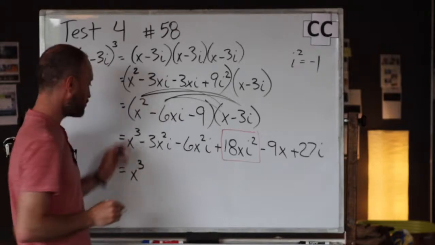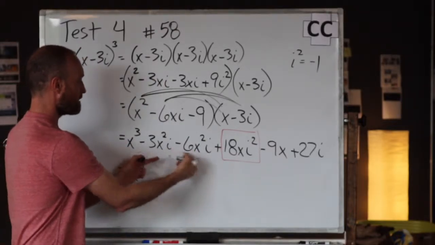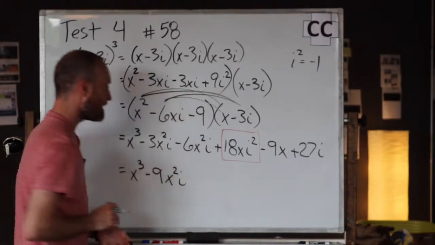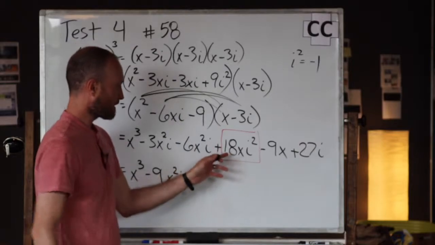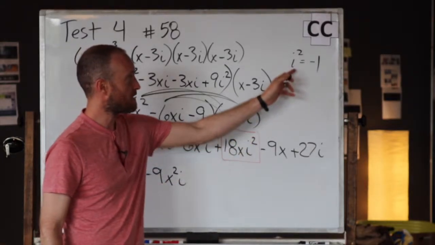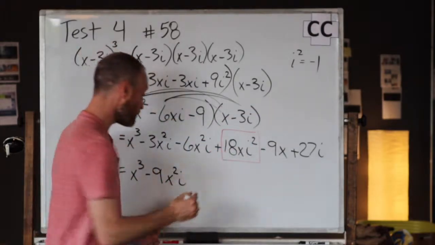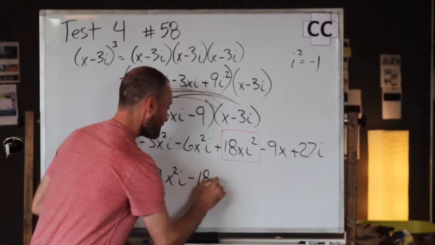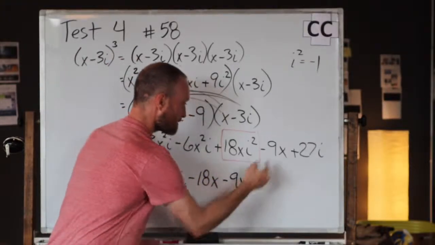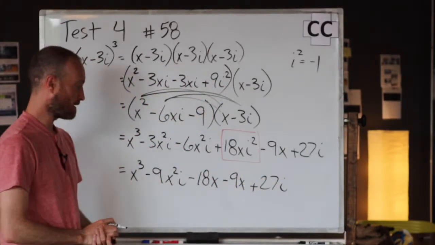There's only one x cubed. Combine these. We have negative 9, so minus 9x squared i. 18 times x times i squared, negative 1. So that's actually 18x times negative 1, which is minus 18x, minus 9x plus 27i.